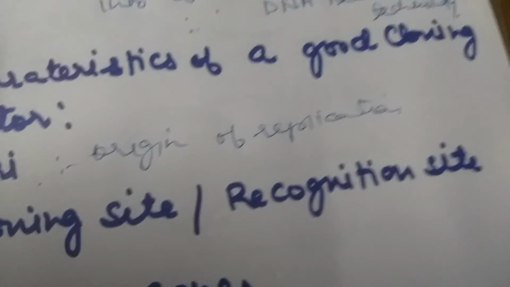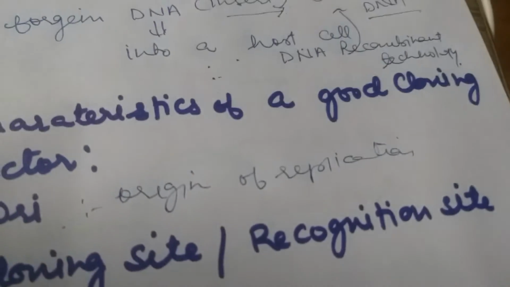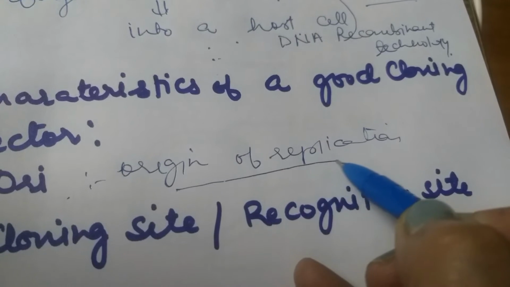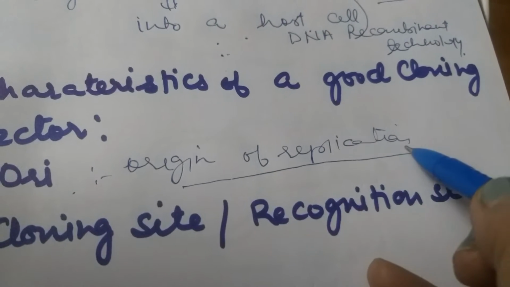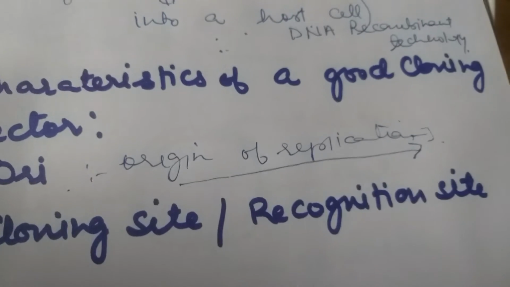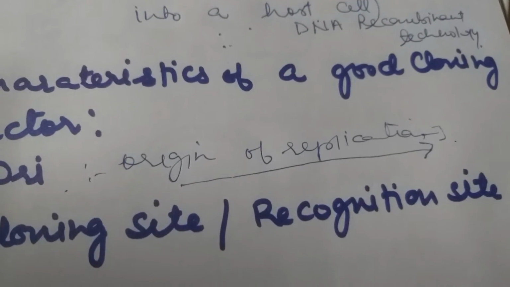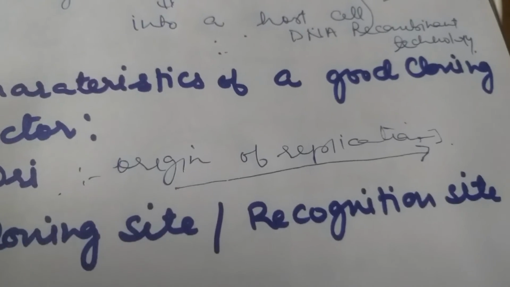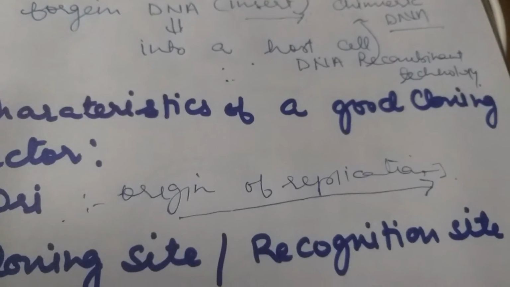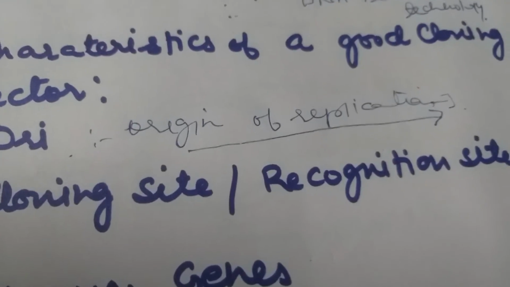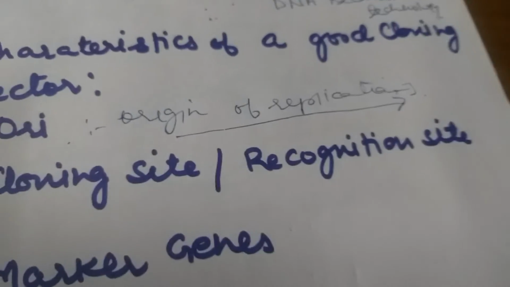That means whatever DNA is taken as a vector, it should have a site called the origin of replication, where the replication would be initiated. Once the foreign DNA or insert is joined, it can initiate the replication of that segment. That is called ORI, or origin of replication.